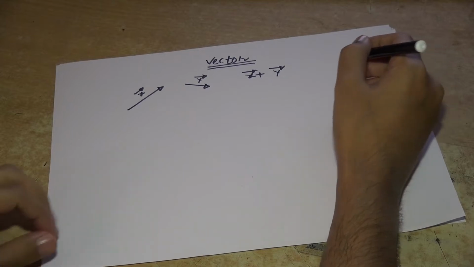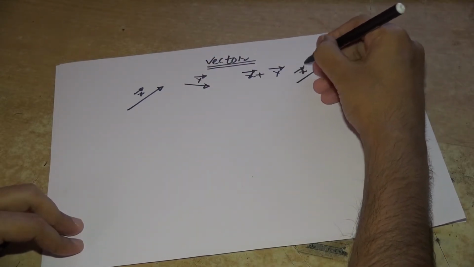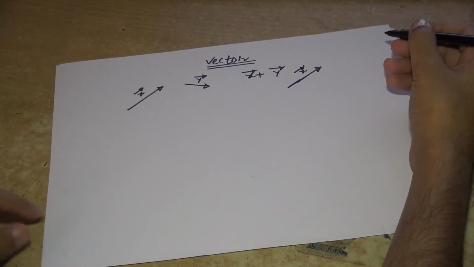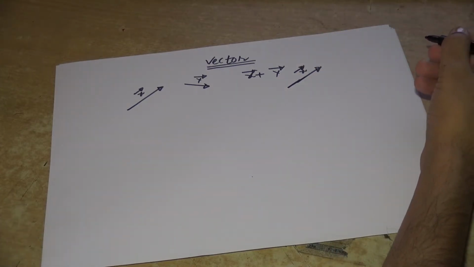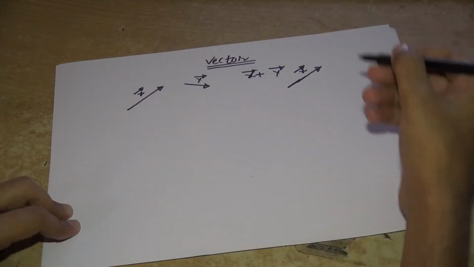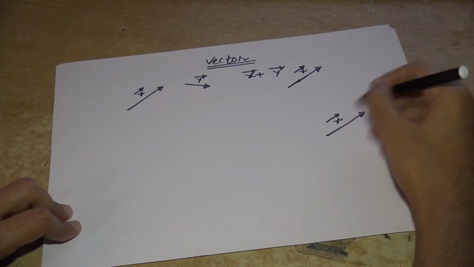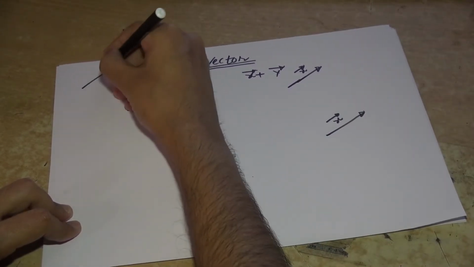For example, this vector x, I can draw it over here. This is also the same vector as long as the lengths are the same and the directions are the same. As long as the directions and the lengths are the same, they are the same vector. I can draw it over here as well, which is also vector x, and up here as well.